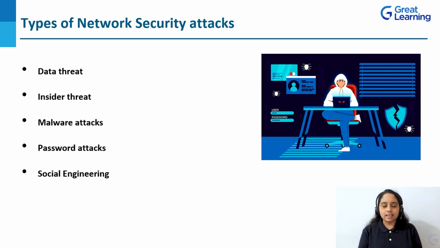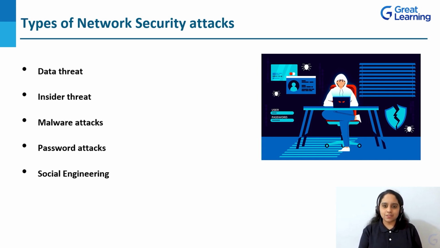Next one is insider threat. This occurs by an employee of an organization. The employee might misuse his or her login credentials to penetrate into the network to gain confidential data from the organization's system. Next is malware attack. Malware attack is inserting malicious code into the device.